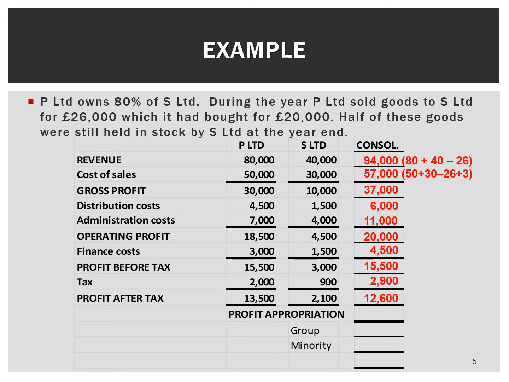Do remember that the minority shareholders are only entitled to a share, in this case 20%, of the subsidiary company's profits, not the profits of the total group. So in this case, the minority are entitled to 20% of the subsidiary company's profit of 2,100. The remainder of the profits belong to the group.